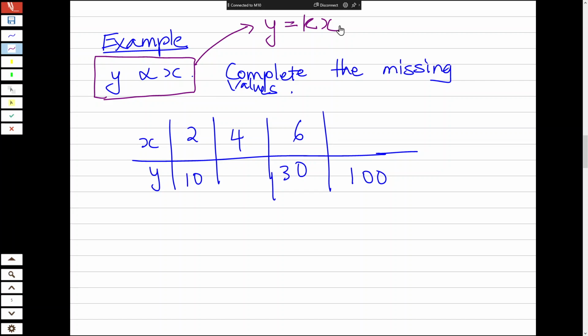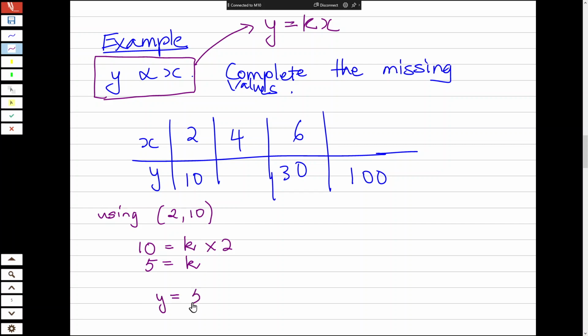Is it 5? Well, let's test it out. Using 2, 10, the first point, 10 equals k times 2. That would mean that k equals 5.